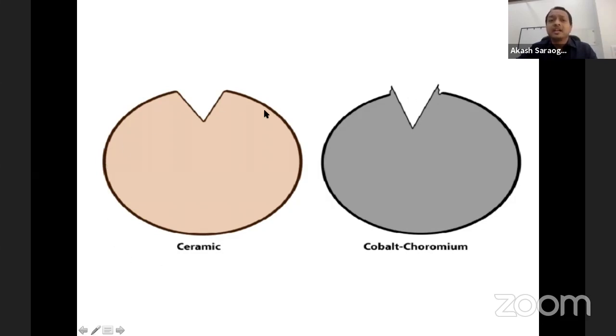Whereas whenever a ceramic scratches, there is only a divot, there is no formation of an asperity. So the friction that this metal will cause will be much more as compared to this ceramic. And that's why this is called the scratch profile of the ceramic, which is far superior as compared to the metal.